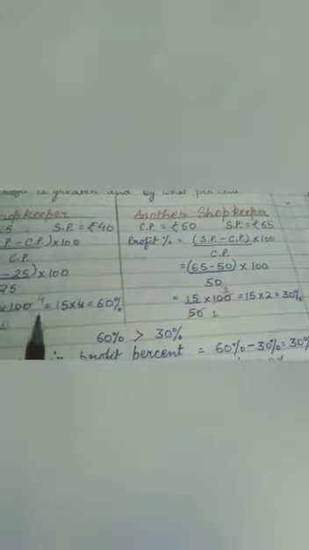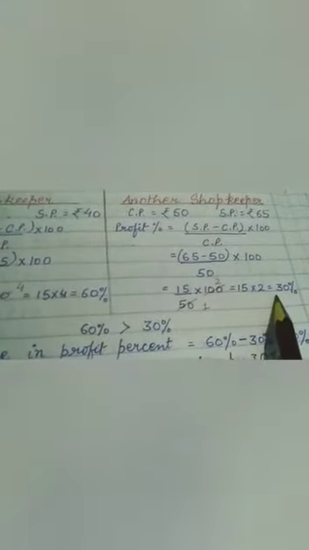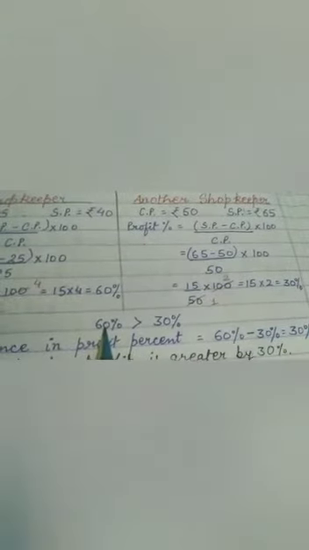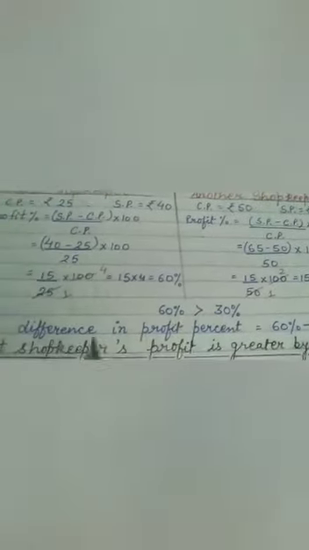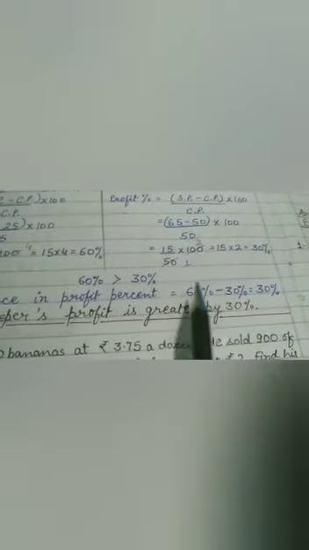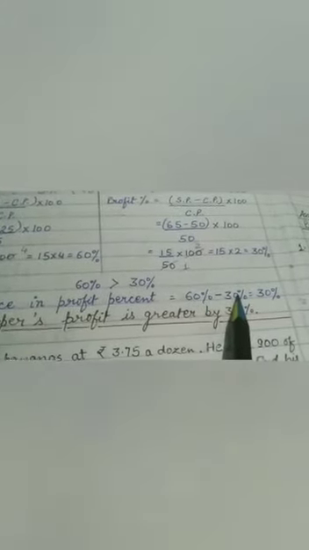Here we get the profit for the second shopkeeper is 30%. So the first shopkeeper gains 60% and the second shopkeeper gains 30%. As 60% is greater than 30%, that means the first shopkeeper's profit is greater by 30%, because the difference between these two percentages is 30%.